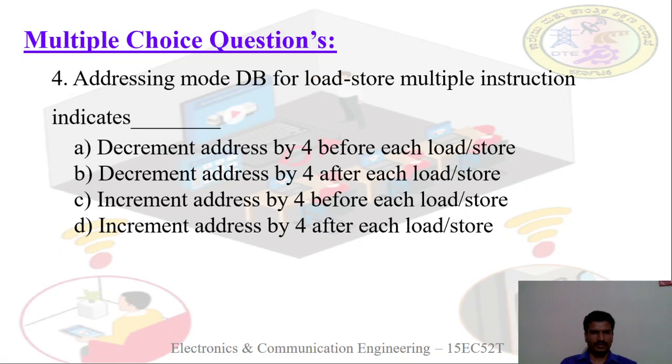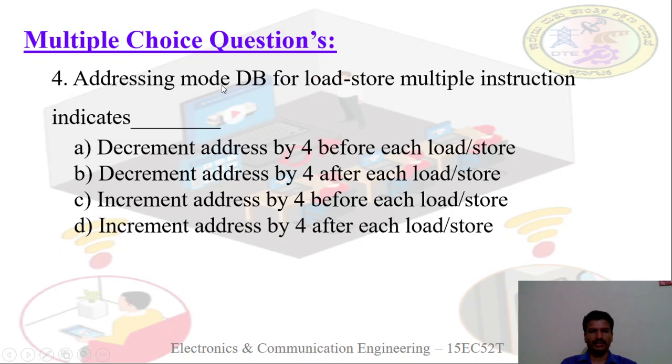Next question. The addressing mode DB for a load store multiple instruction indicates: decrement address by 4 before each load or store, decrement address by 4 after each load or store, increment address by 4 before each load or store, or increment address by 4 after each load or store.